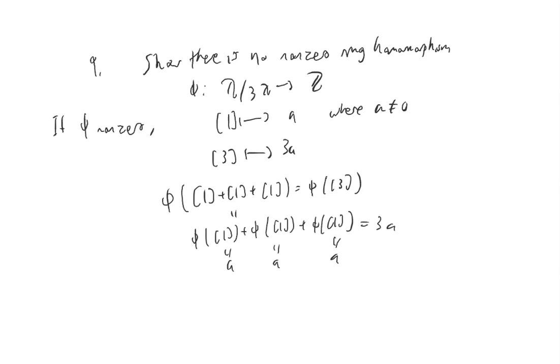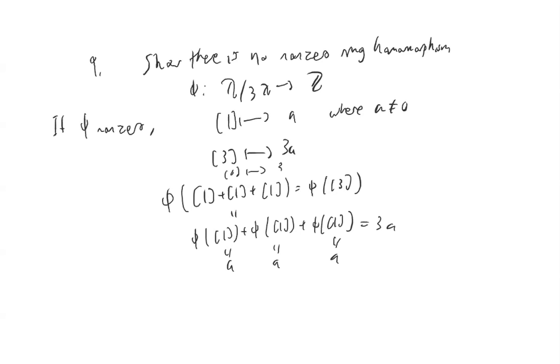Another way to think of this is that it's a ring homomorphism, so 3 times 1 is the class of 3. I guess that doesn't really help, you just need addition. But what is 3 in Z mod 3Z? In other words, this is saying 0 gets sent to 3A.